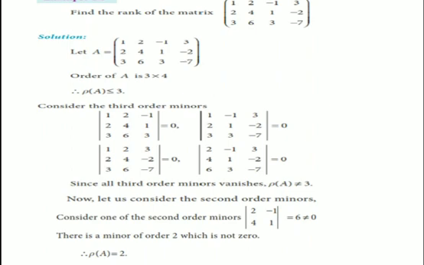If you take the second order minor, you take this 2, minus 1, 4, 1.